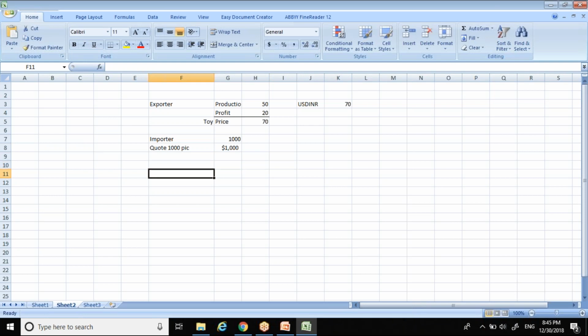Now, after 3 months, let's suppose the value of USD INR goes to 65. In this situation, if you convert 1,000 with 65, how much are you going to receive?